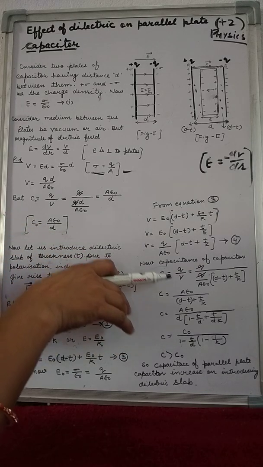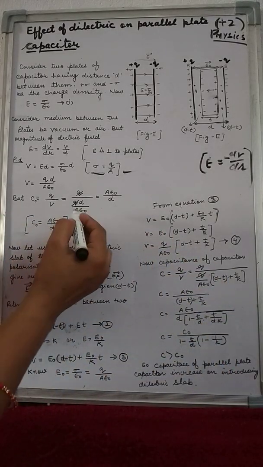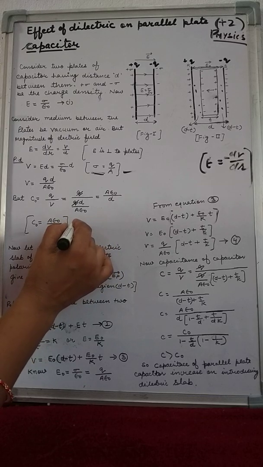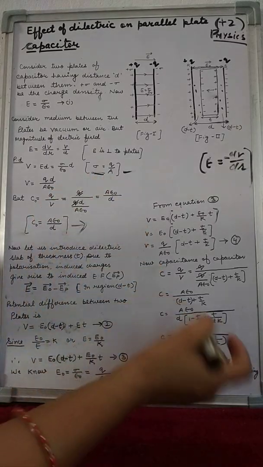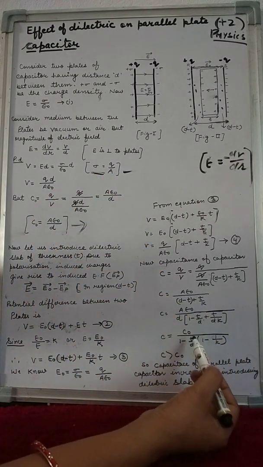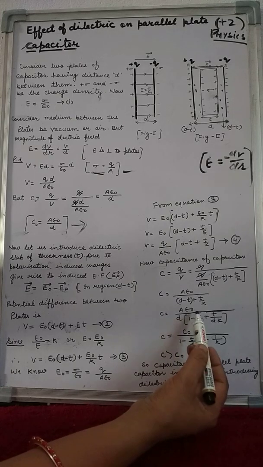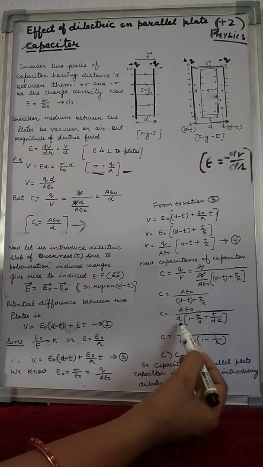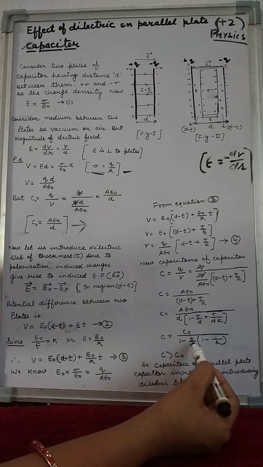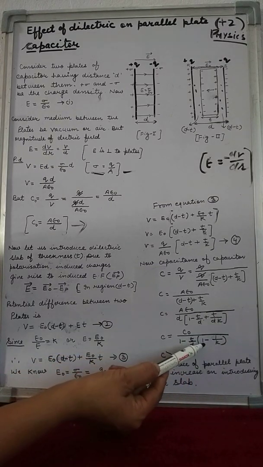So C is equal to C naught upon 1 minus T upon D into 1 minus 1 upon K.